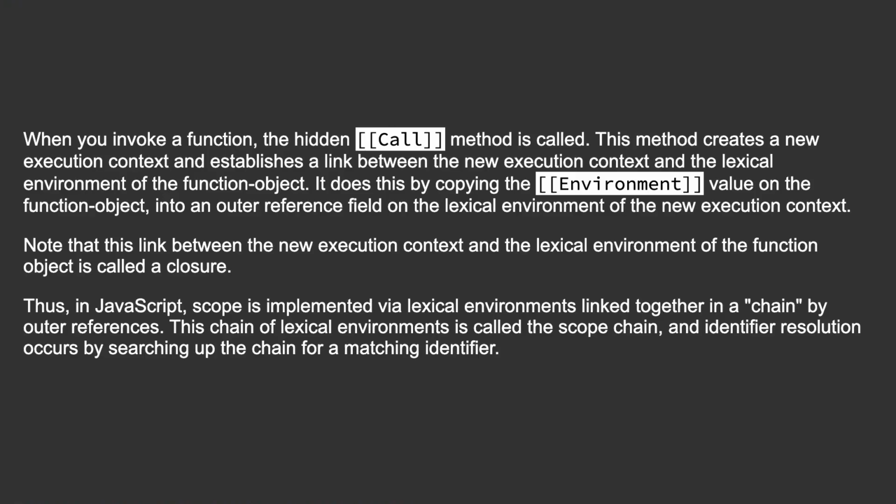It does this by copying the environment value on the function object into an outer reference field on the lexical environment of the new execution context. Note that this link between the new execution context and the lexical environment of the function object is called a closure. Thus, in JavaScript, scope is implemented via lexical environments linked together in a chain by outer references. This chain of lexical environments is called the scope chain, and identifier resolution occurs by searching up the chain for a matching identifier.